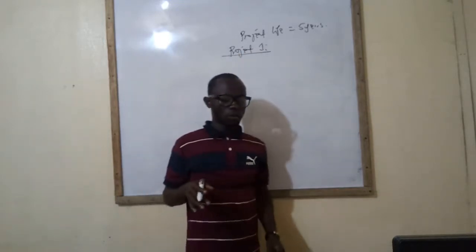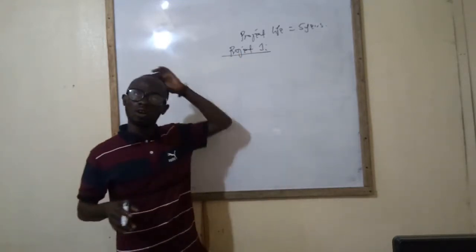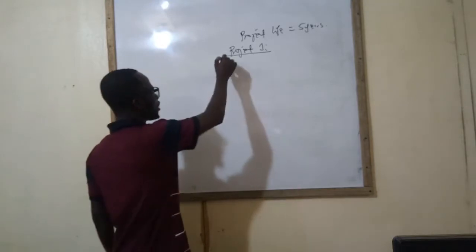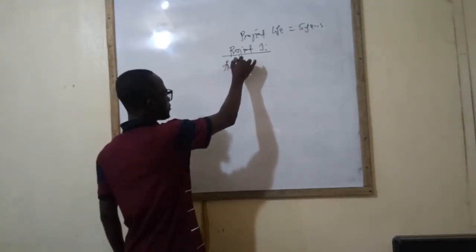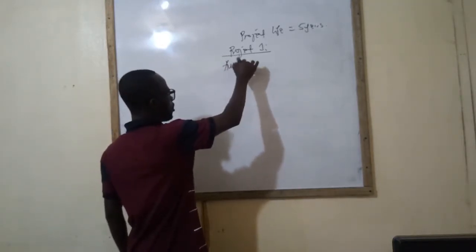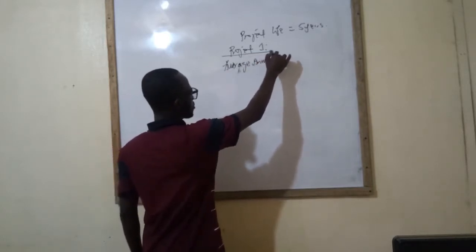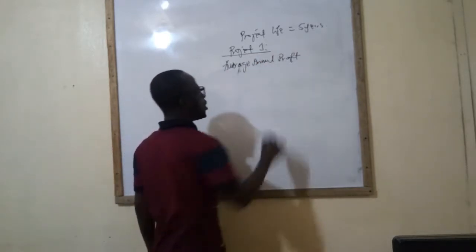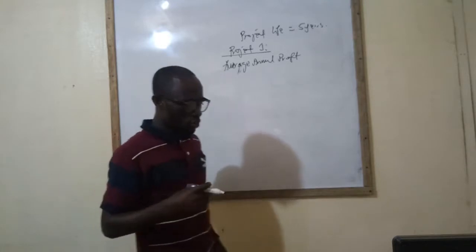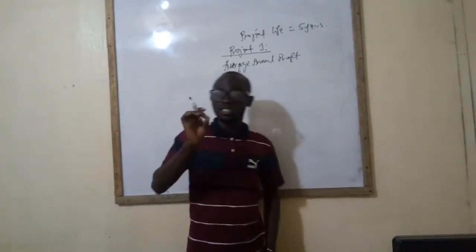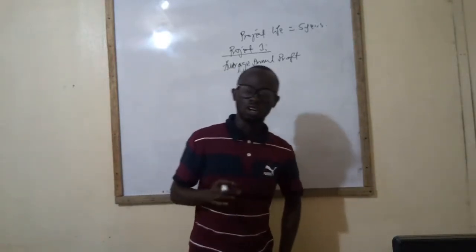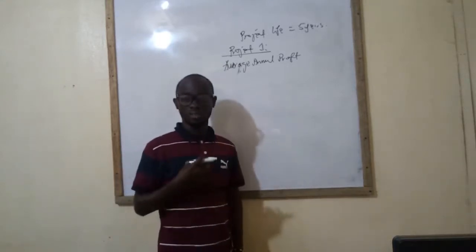With project 1, we have to first calculate the average annual profit the project is making. We are told in the question that each year the company expects a return of £200,000.